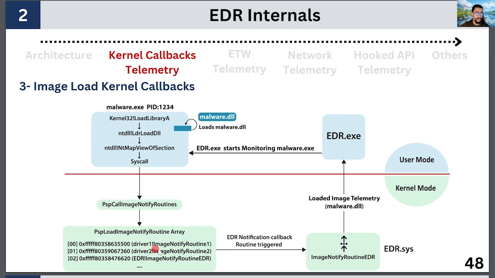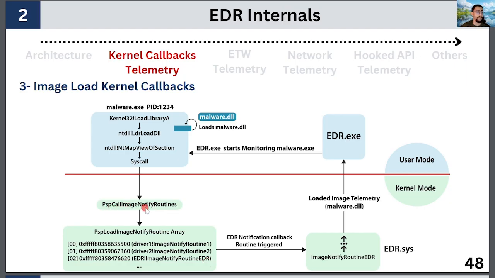In the diagram, the array contains multiple entries representing the callback routines registered by driver 1 and driver 2, which could be any loaded drivers, maybe system drivers, and the callback routine for EDR.sys called ImageNotifyRoutineEDR, which monitors image load events.